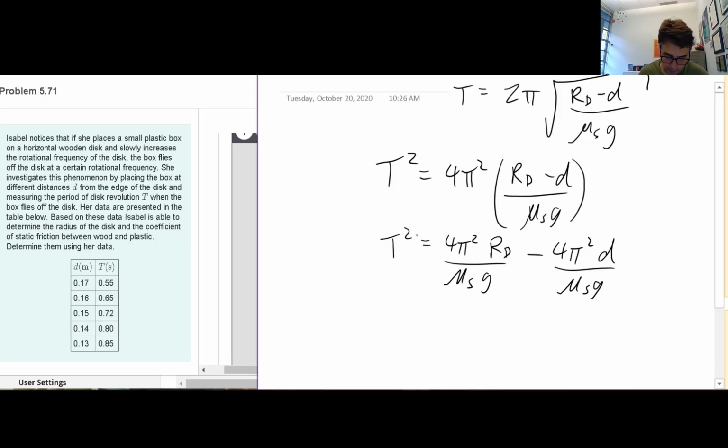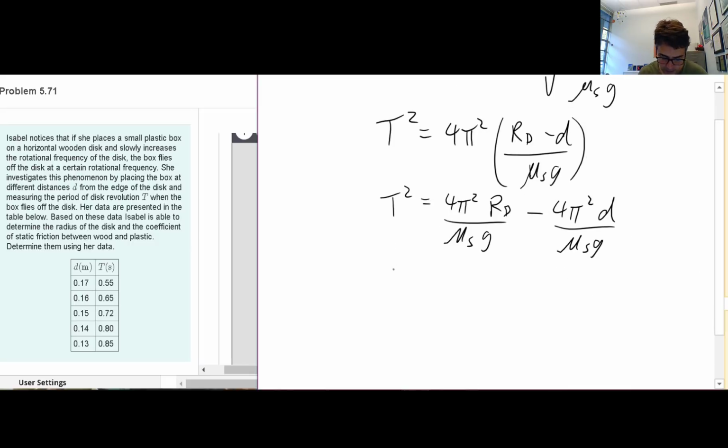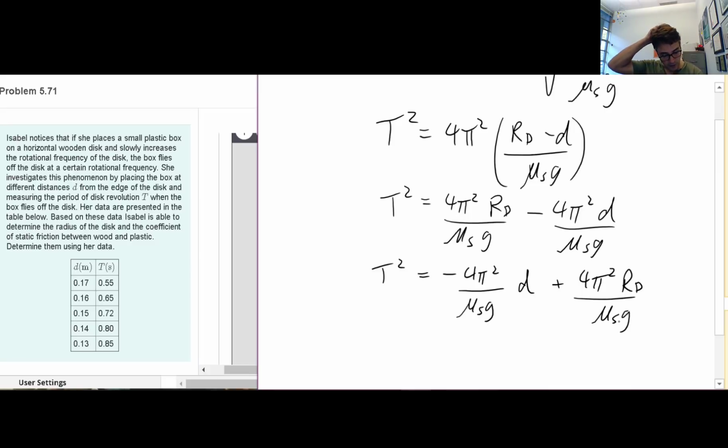If we want to rearrange that into the y equals mx plus b format, you've got t squared is equal to negative 4 pi squared over mu sub s times g times d, where d is the distance from the edge of the disk, plus 4 pi squared times the radius of the disk divided by mu sub s times g.